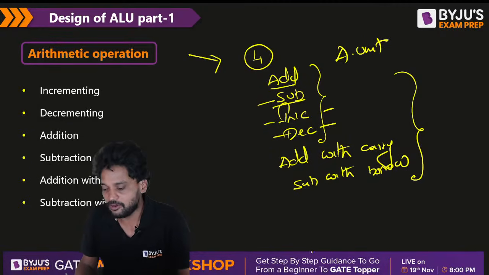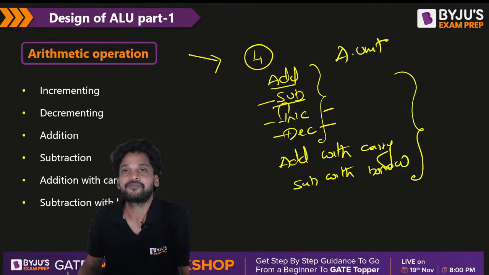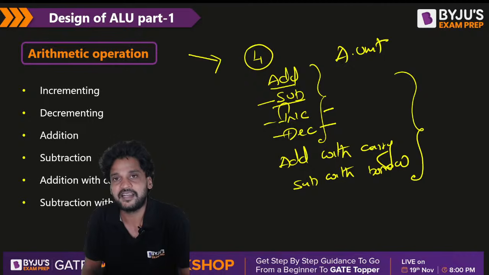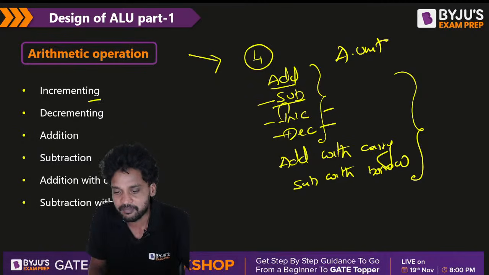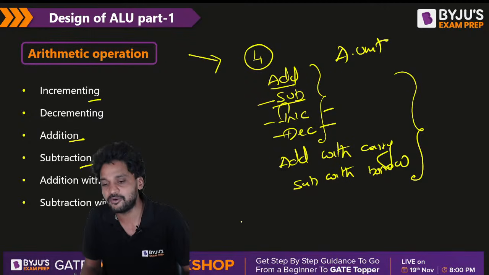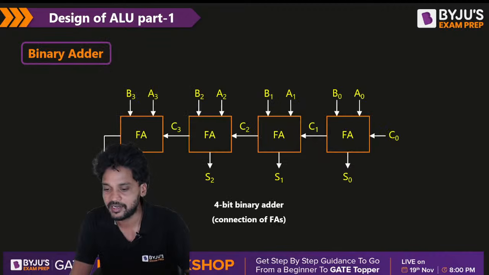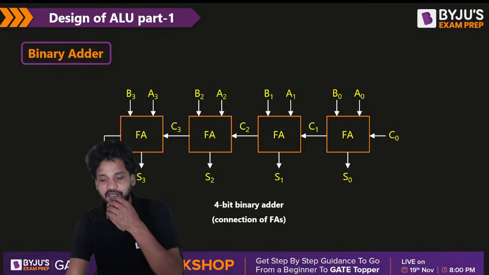Now, what we're going to do is build all these units differently. Finally, we club all the units. That means we will start with the incrementing unit, and then we will go for an addition unit, followed by the subtraction unit, and finally we are going to design a complete unit which can perform addition, subtraction, incrementing and decrementing.